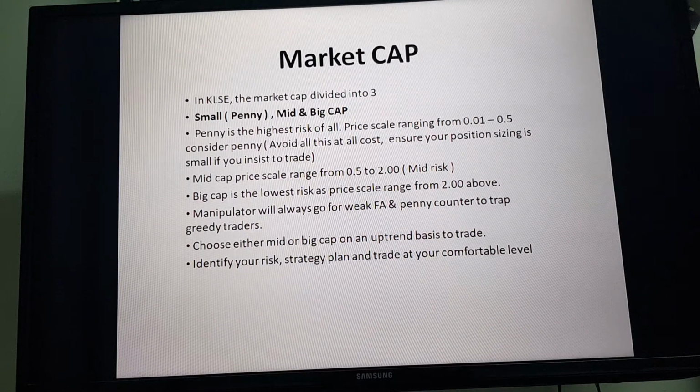The price can go above 2, like Hengyuan, Top Glove. Although they are very low risk, if you dump, the percentage jump of the bid is not as much as the penny sizing.